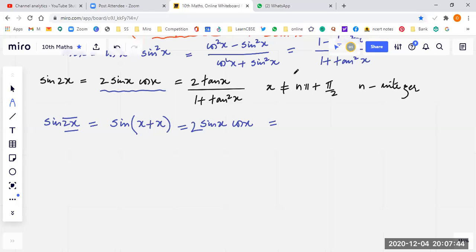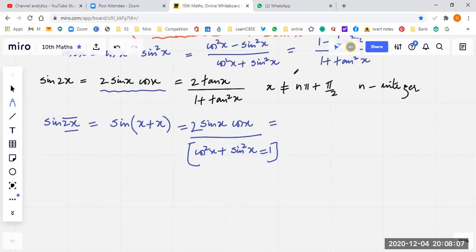So how can we prove that this is equal to 2 tan x divided by 1 plus tan square x? Yes. Well, this can be written as divided by cos square x plus sine square x, because ultimately this is equal to 1. Doesn't matter, we can divide by this.